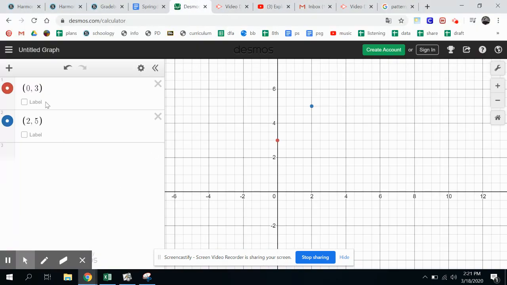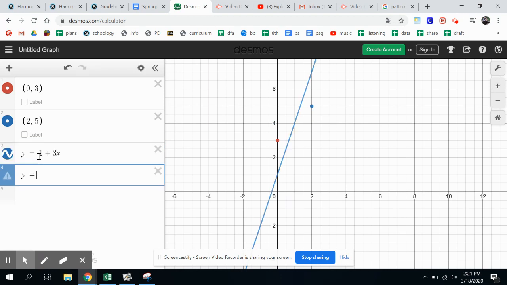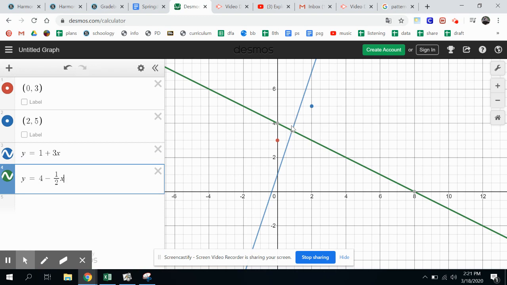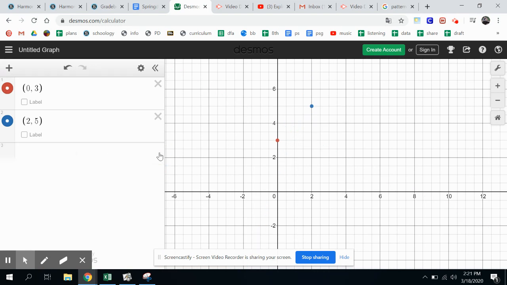So y equals 1 plus 3x and y equals 4 minus 1/2 x. And I can clearly see they cross at 0.857 and 3.571. It's not the only way you could do it, but that's what I chose to do, graphing.